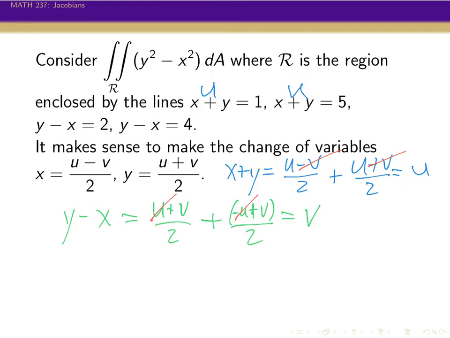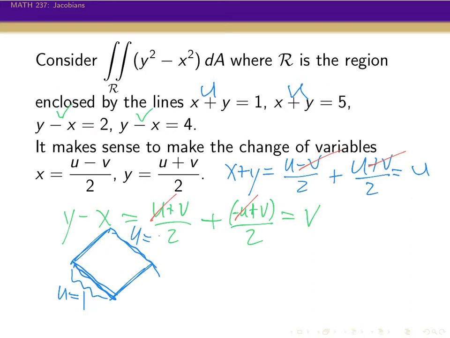So our other two lines turn into v equals 2 and v equals 4. Right? And so our original rectangle on its side suddenly has turned into this: this side right here is corresponding to u equals 1.